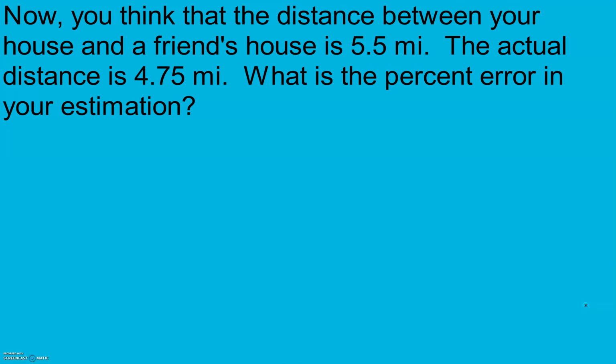Now, you think that the distance between your house and a friend's house is 5.5 miles, but the actual distance is 4.75 miles. What's the percent error in your estimation? So, percent error is going to be the change in our estimated and actual divided by actual or original, which again is how much it originally was before we guessed.